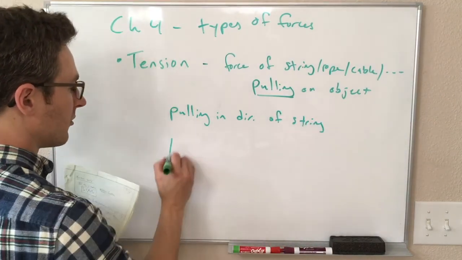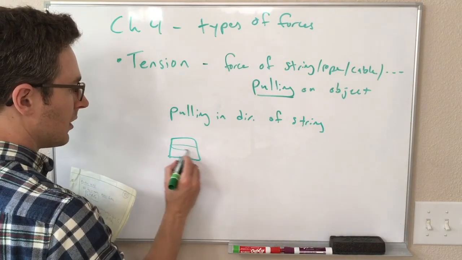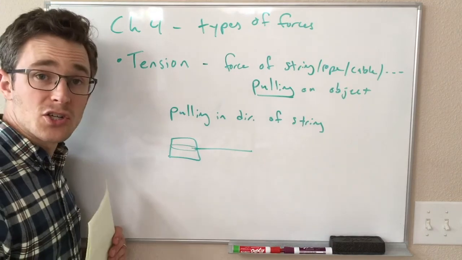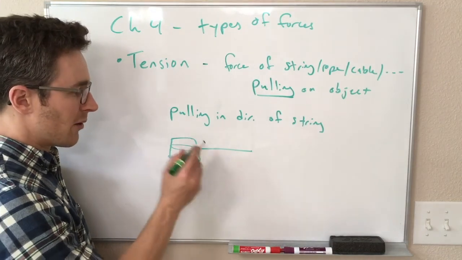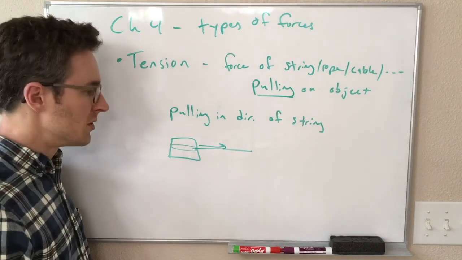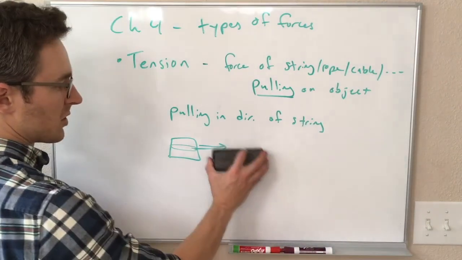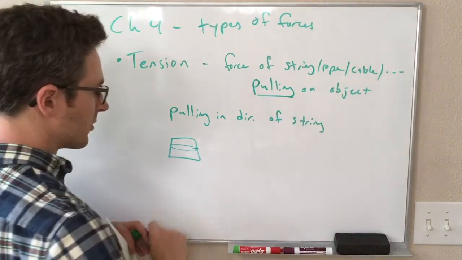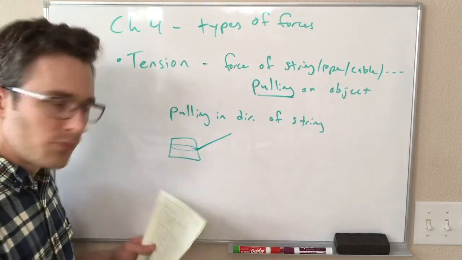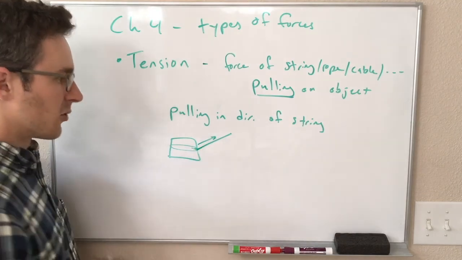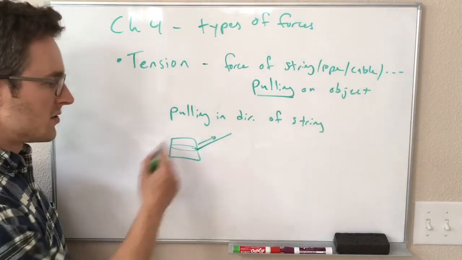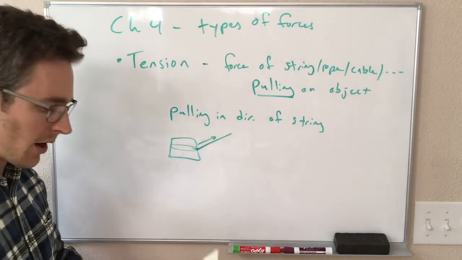So if I have a block with a rope tied around it, the only direction the force on this block from that rope can be is pulling in the same direction that the rope is. If I'm given a picture instead where this rope is not horizontal, it is up at an angle, the force still has to be in the direction of the rope, so the force has to be up like that. So if we have a picture, this is easy to figure out.